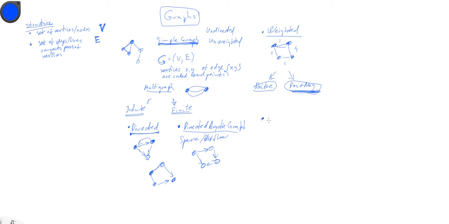Okay, so another type of graph is the weighted directed graph, where we have a bunch of nodes, and not only do we have weights associated with each edge, but also we have a direction here.